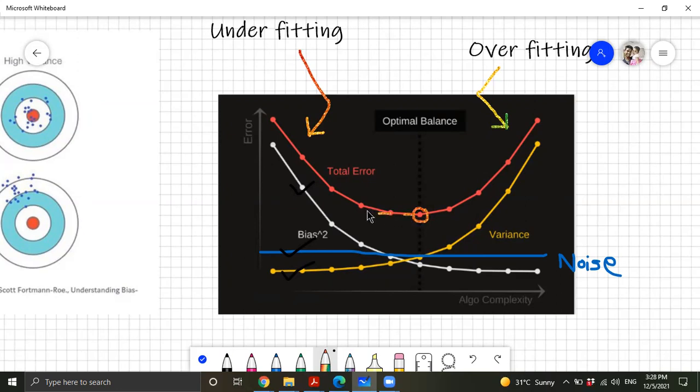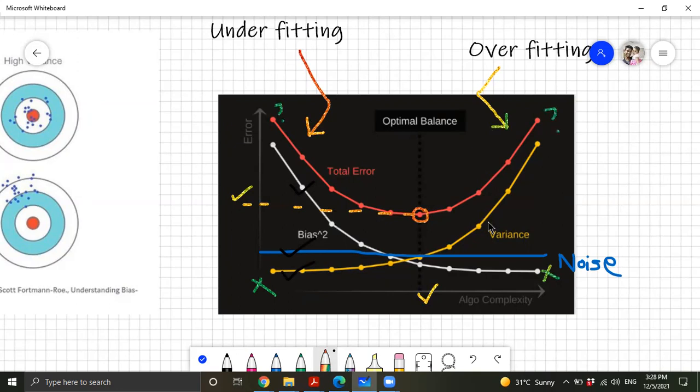So if we want to have a good model, we have to choose our algorithm complexity at this point, such that this error only we can expect. That means we can't completely reduce bias and we also can't completely reduce variance, because at those points the error is so high.